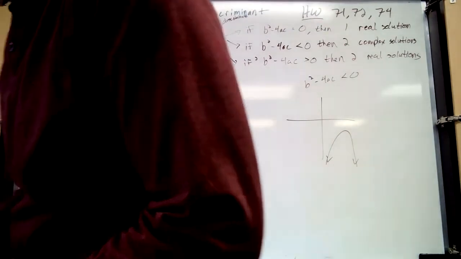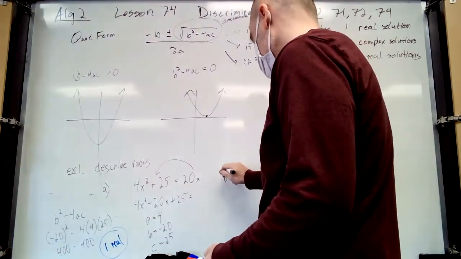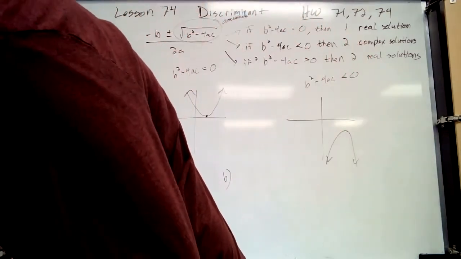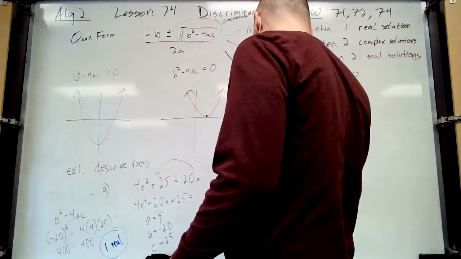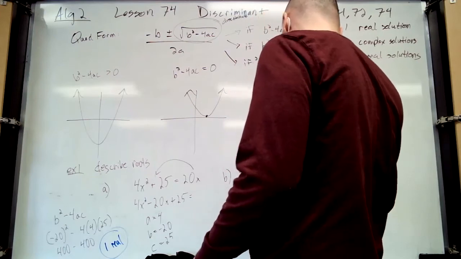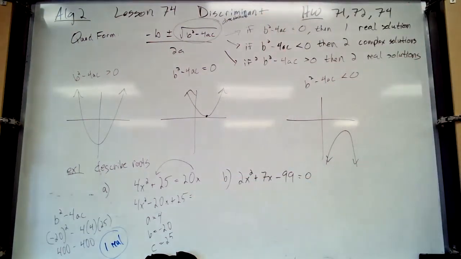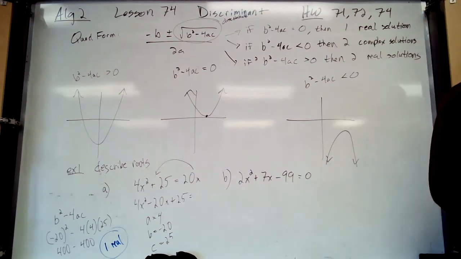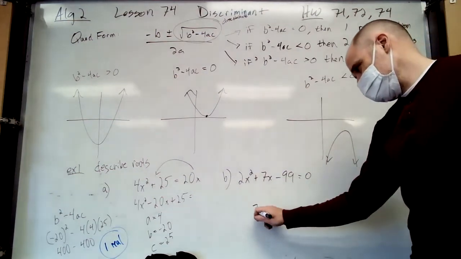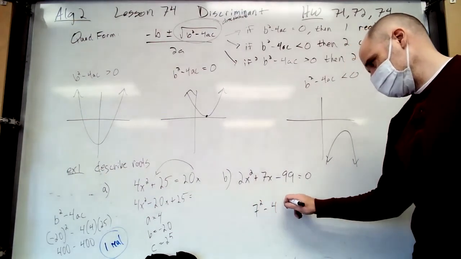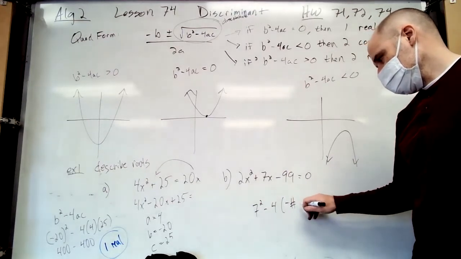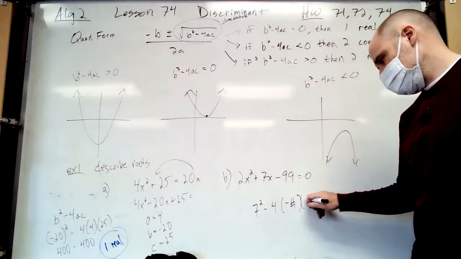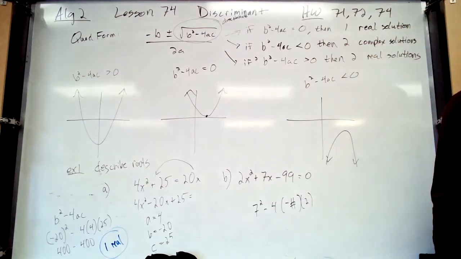All right, what about this one? Let's do B here. 2x squared plus 7x minus 99. Right, it's already in standard form. So it gives us A, B, and C. So 7 squared minus 4 times a negative number times 2, 4ac.